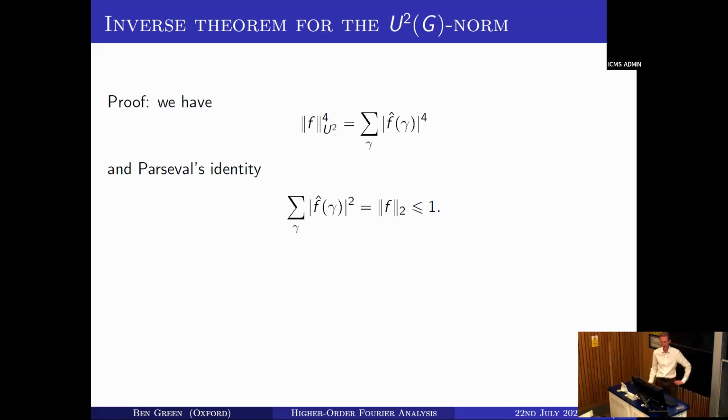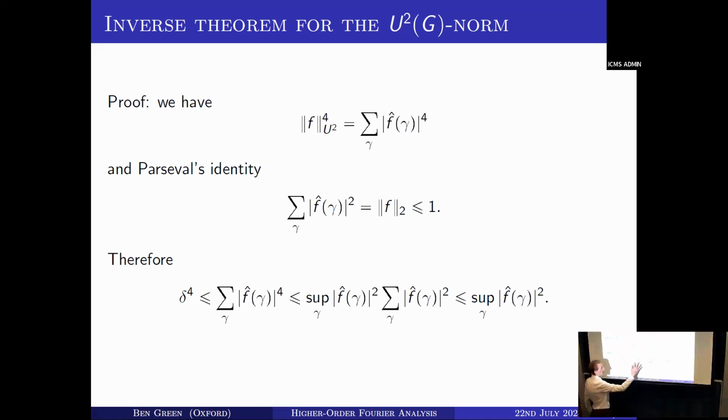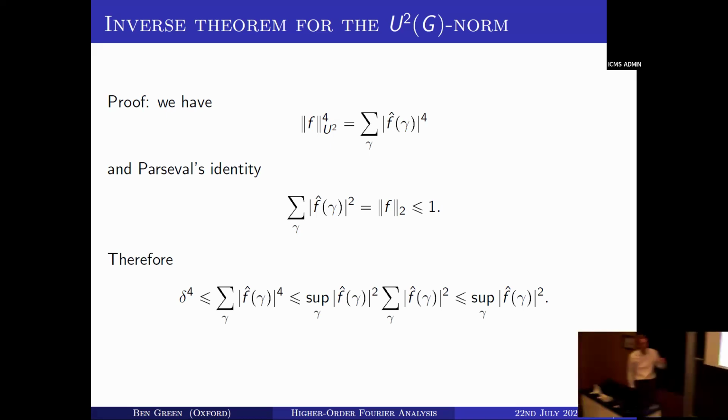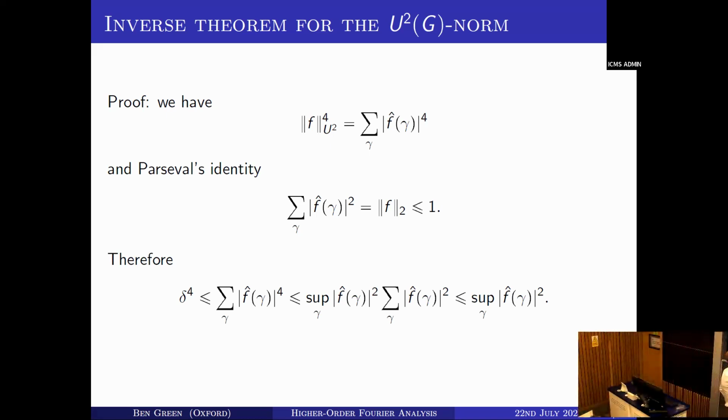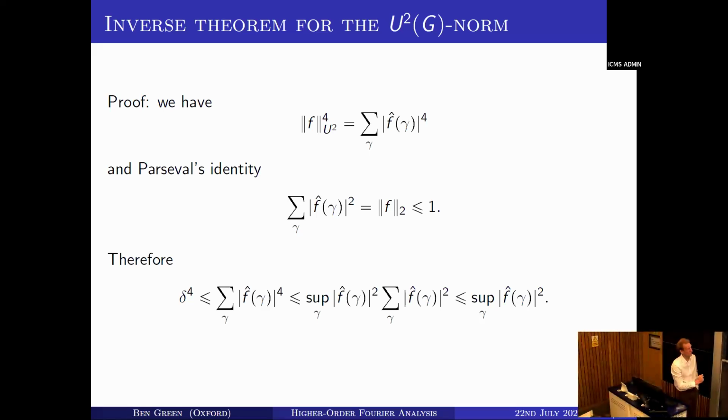So basically, if you play these two off against one another, if you have large Gowers U2 norm, that implies this. The middle thing here is just an elementary inequality. And then on the right-hand side, I've applied Parseval and the fact that f is 1-bounded to bound this by 1. If I take everything together and square root both sides, that just gives me the inverse theorem for the U2.